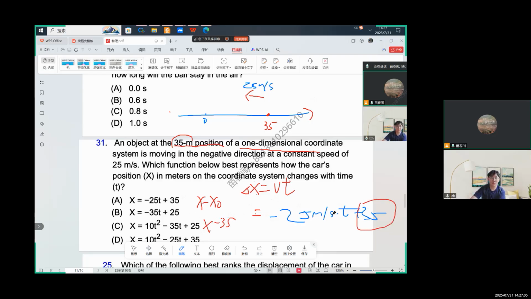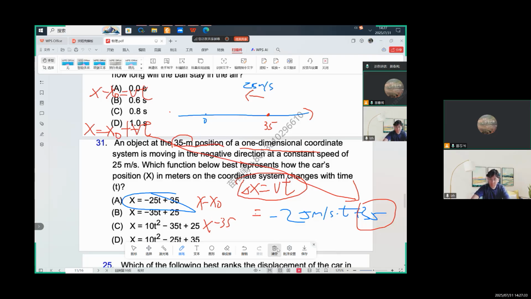So that's going to be A. There might be another form of the formula: x minus x0 equals vt, this is constant velocity, or x equals x0 plus vt, which is basically what you did.